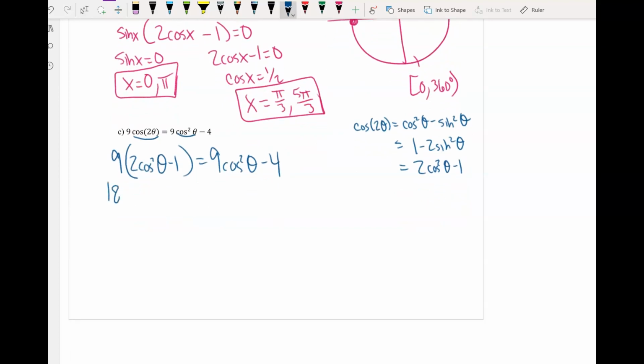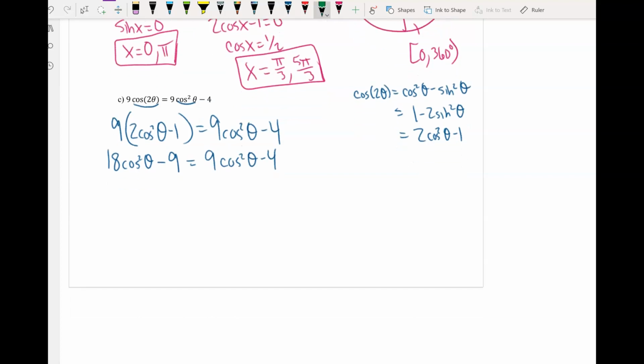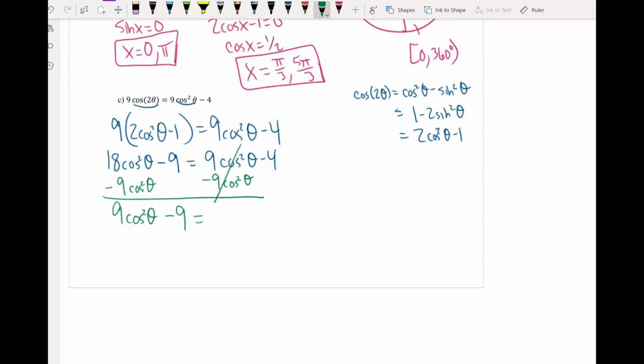So this will give me 18 cosine squared theta minus 9 is equal to 9 cosine squared theta minus 4. So let's go ahead and move the 9 cosine squared theta. Okay, so I get 9 cosine squared theta minus 9 is equal to negative 4.